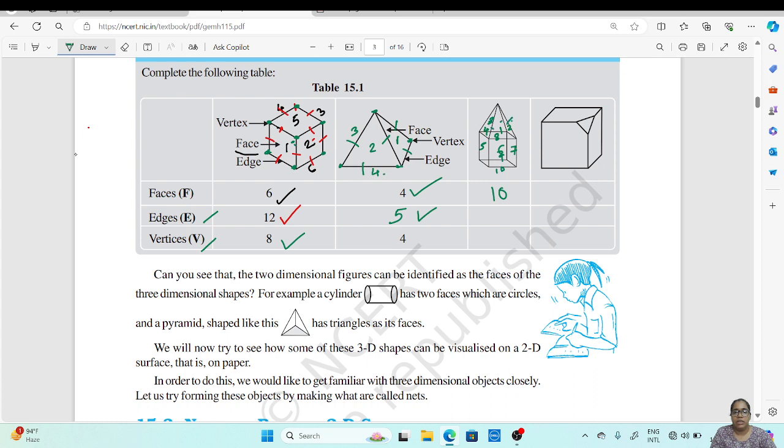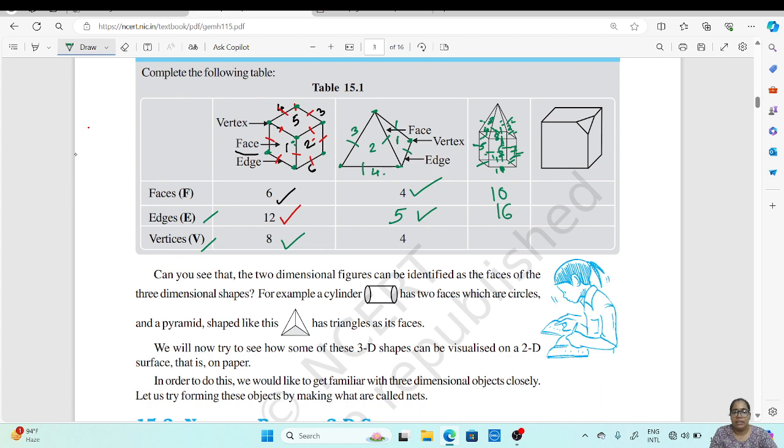1, 2, 3, 4, 5, 6, 7, 8, 9, 10, 11, 12, 13, 14, 15, 16. So a total of 16 edges.